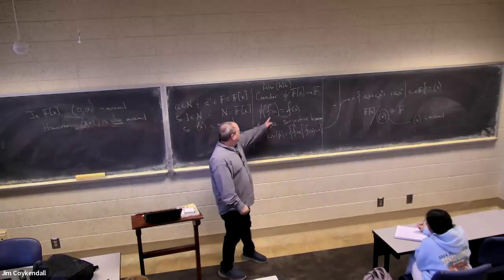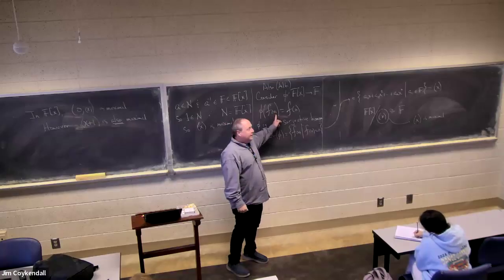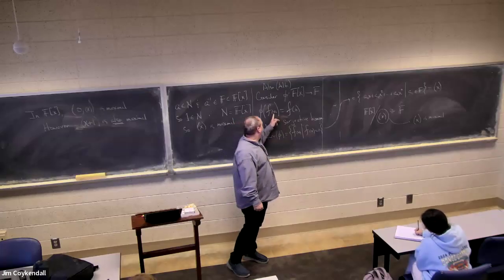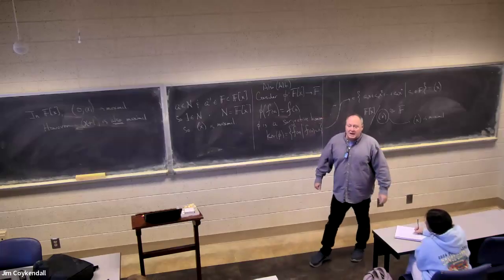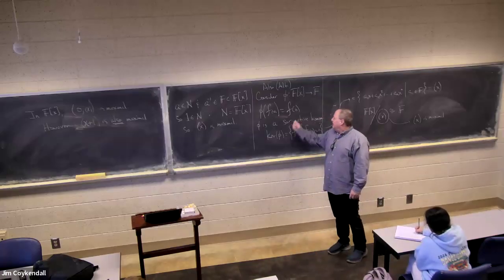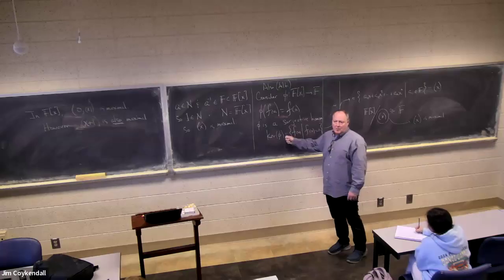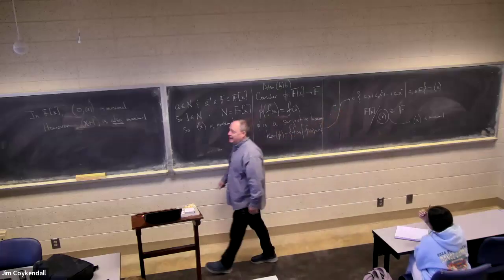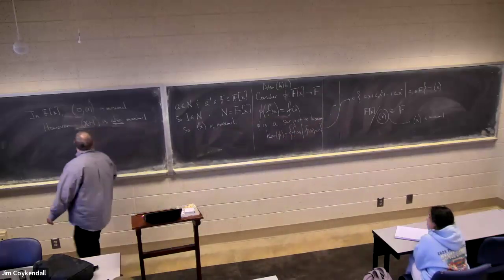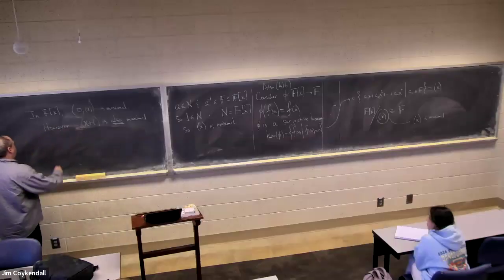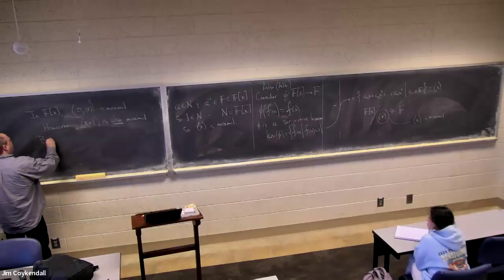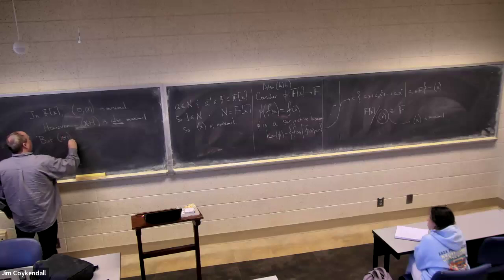In fact, let's go back to this approach to showing it's maximal as well. And instead of plugging in 0, plug in -1, right? This will also give you a surjective homomorphism, and the kernel will be the ideal generated by x plus 1.